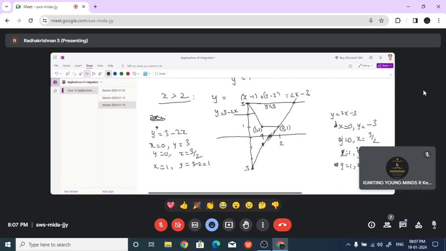Which you can easily get by putting y equal to 3 in this equation. So 2x equal to 6, x equal to 3. And we know that this point is 0, 3. So what shape do you get?